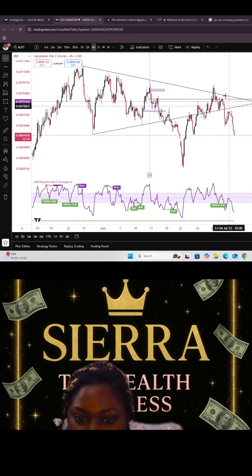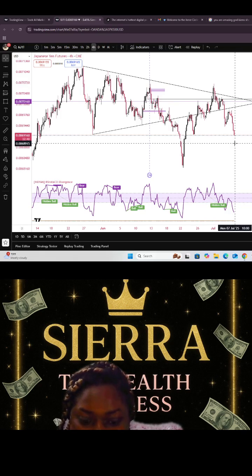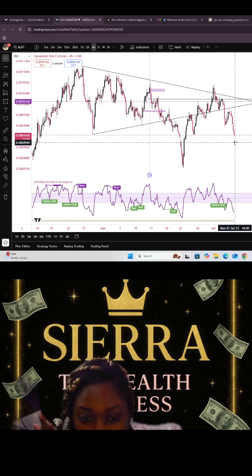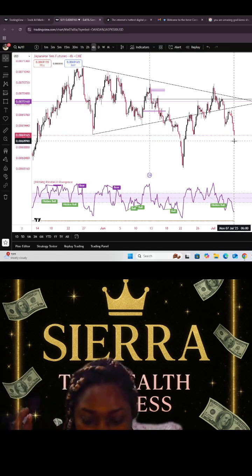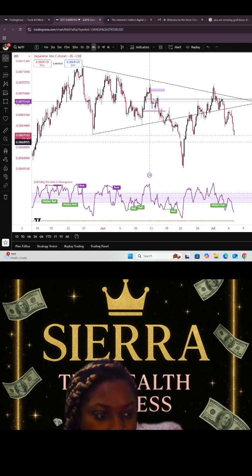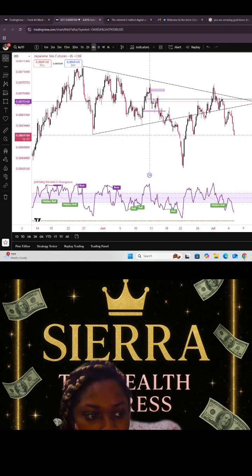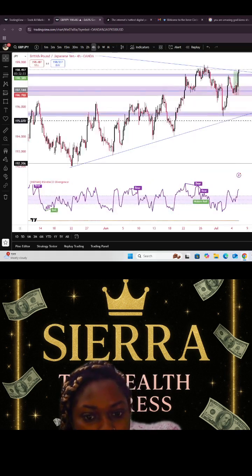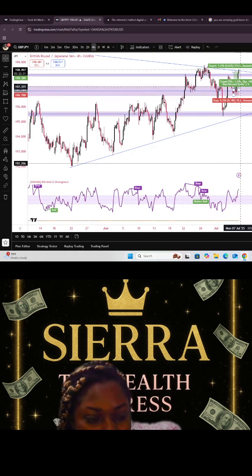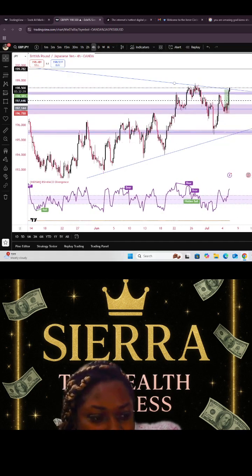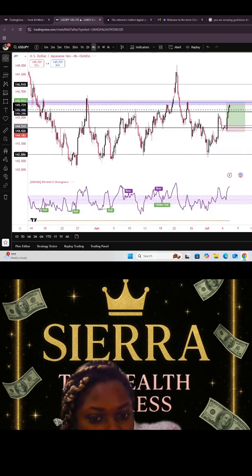As you can see, price is falling on the Japanese yen, which is why GJ, EJ, CJ, CAD JPY, all of them are buying. I caught like 200-300 pips last night between GJ. This one was 124 and it's still going.